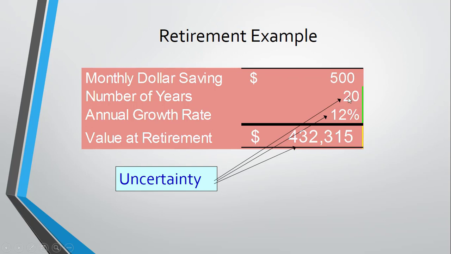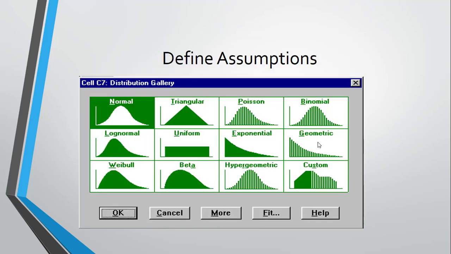But there's uncertainty there. You may have to work until 25 years or 30 years. The growth rate could be as high as 12%, it could be as low as 5%, 7%. And then the value of retirement could be different. So there are all kinds of uncertainties involved.